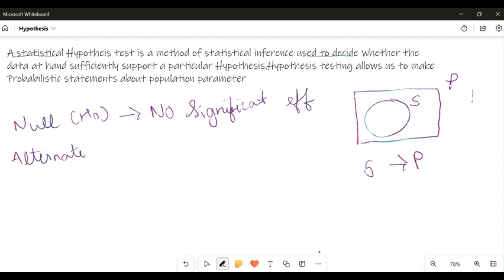If mu naught is the mean from one data set and mu 1 is the mean from the other, there is no significant effect between mu naught and mu 1. The purpose of hypothesis testing is to gather evidence to either reject or fail to reject the null hypothesis, in favor of the alternate hypothesis, which claims there is a significant effect or relationship. The alternate hypothesis is definitely the opposite of the null, in which it says that there is a significant effect.